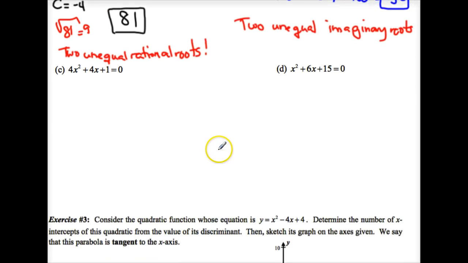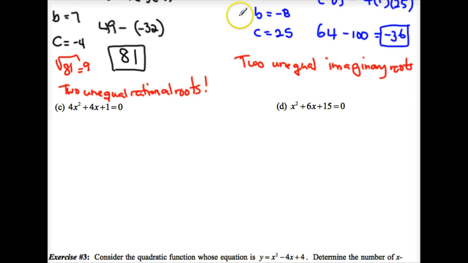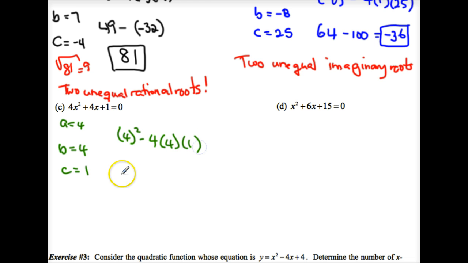C and D before we go anywhere else. So A is 4, B is 4, C is 1. So my discriminant is 4 squared minus 4 times 4 times 1. 4 squared is 16, take away 16 is 0.